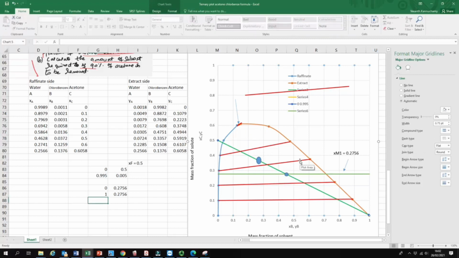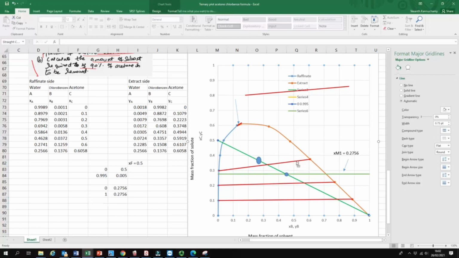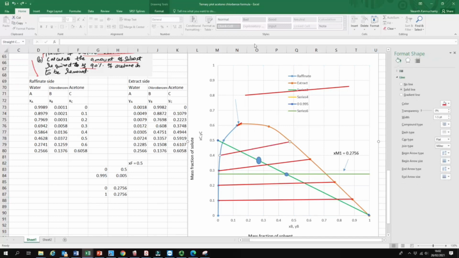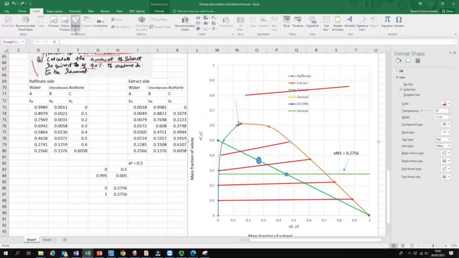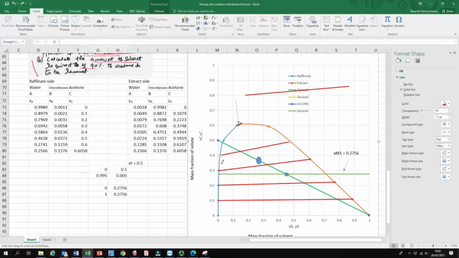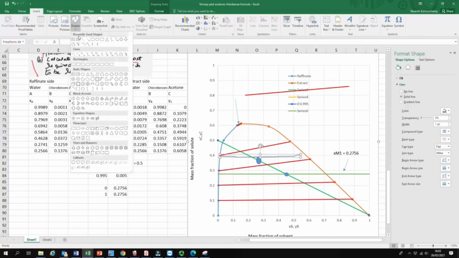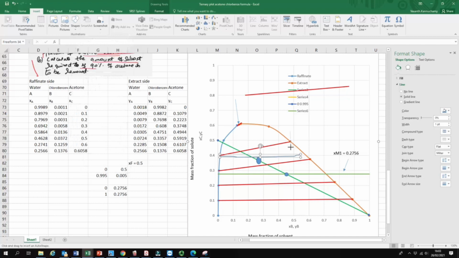It's going to be very tricky. Okay, let's keep these two. Maybe let's keep all the tie lines. All we need to do is draw some horizontal line here, and then another one, you have to draw a vertical line from here to here.